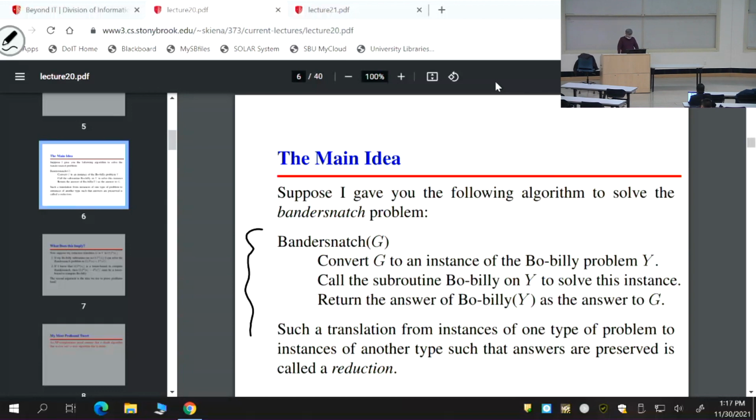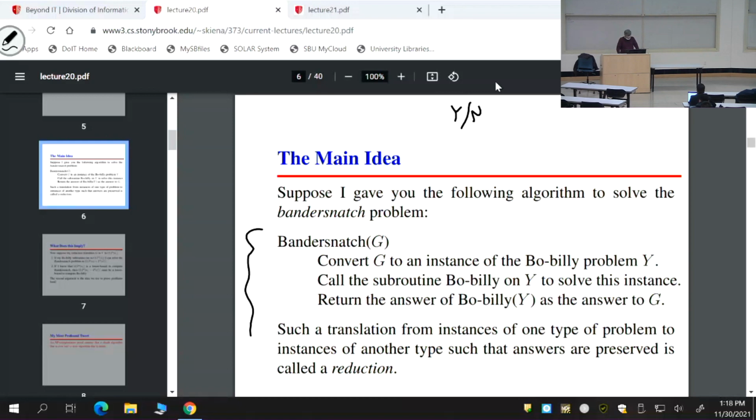We like decision problems, where the answer is going to be a yes or no. So Bandersnatch is some decision problem, like satisfiability, like traveling salesman. Is there a traveling salesman tour of length greater than 10^6? It's a yes-no problem.